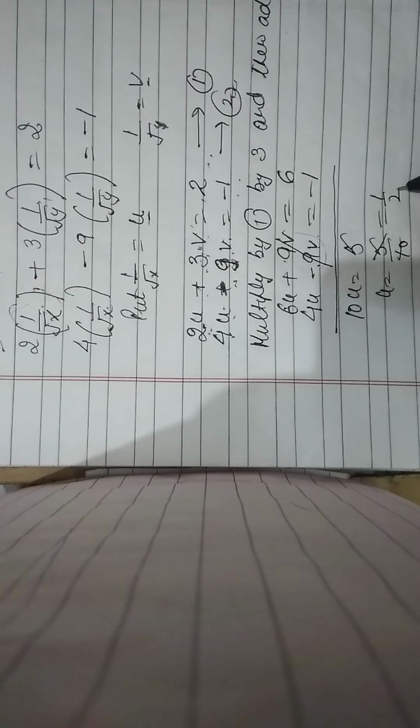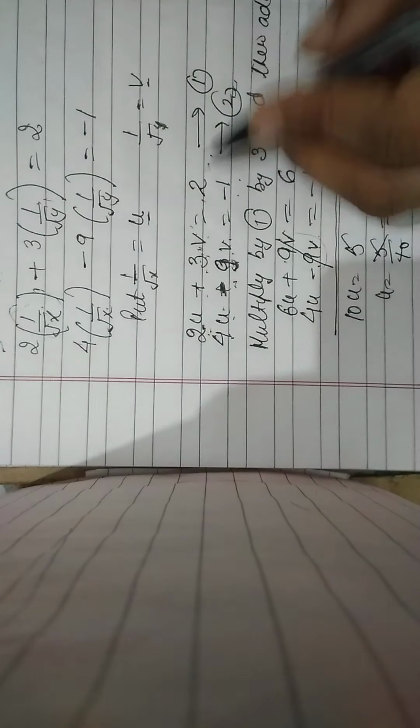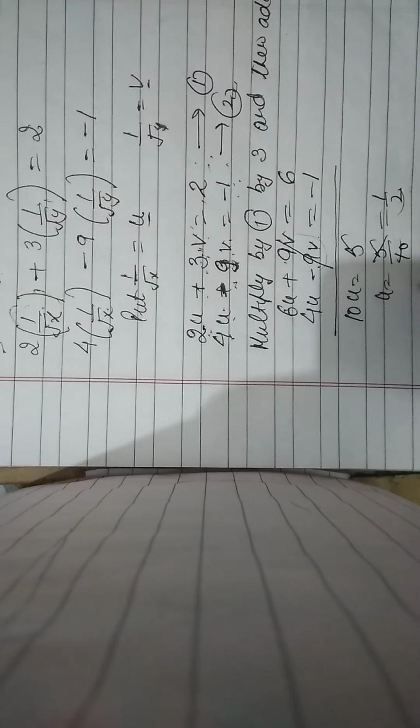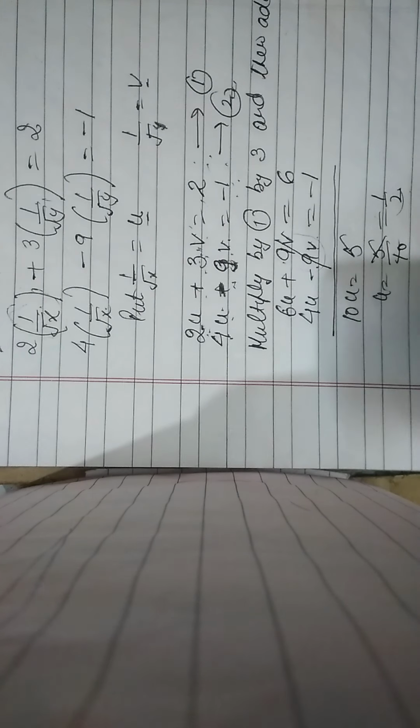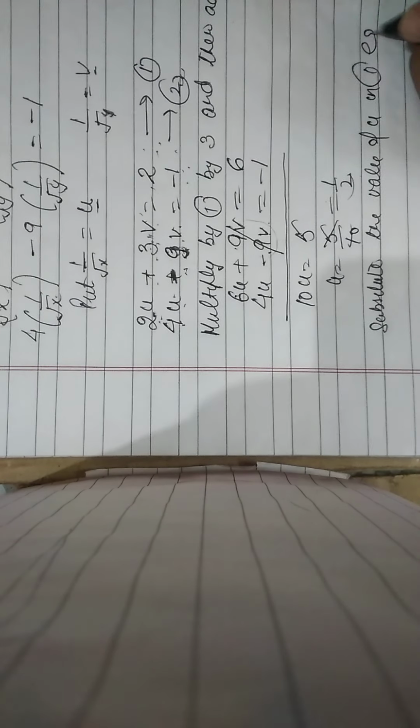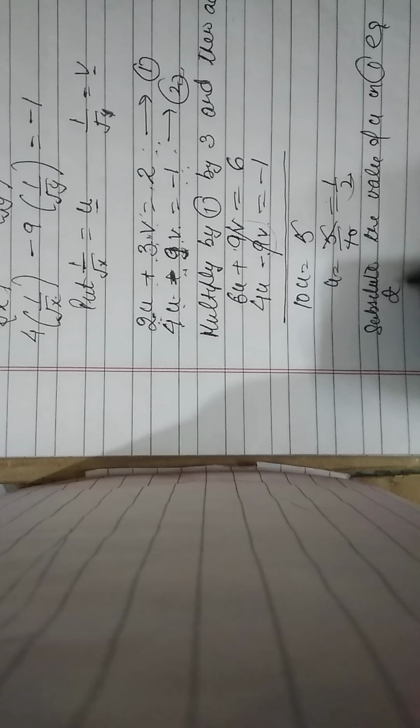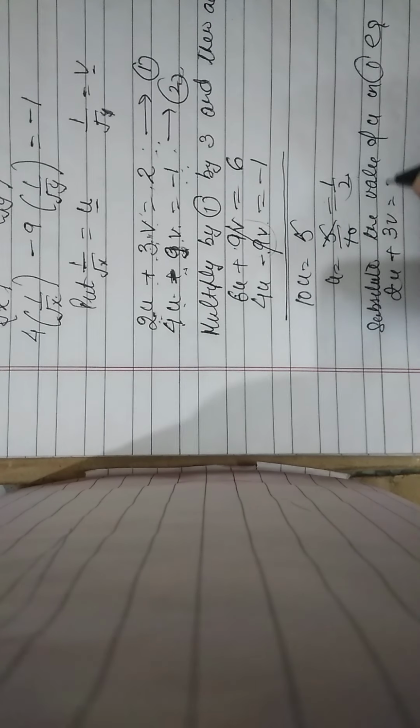Now substitute this value in any equation. Now substitute this value in first equation. Substitute the value of u in first equation. First equation is 2u plus 3v equal to 2.